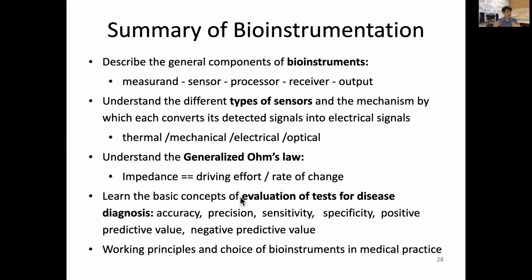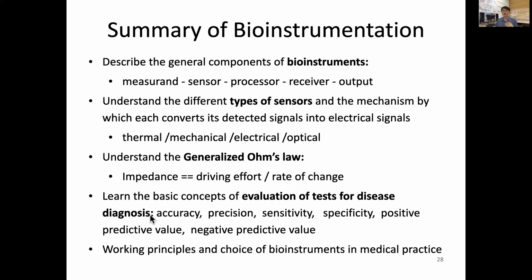When we are developing an instrument or testing an assay for disease, we have to understand these concepts very well, such as accuracy and precision. For the instrument itself, sensitivity and specificity are very important for different kinds of disease nature, and also from the patient point of view, positive or negative predictive values for predicting the disease based on disease prevalence.